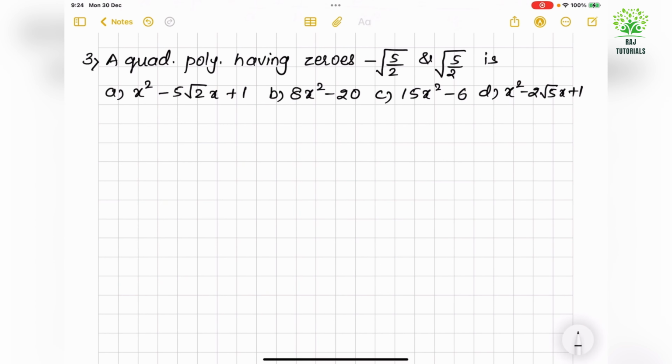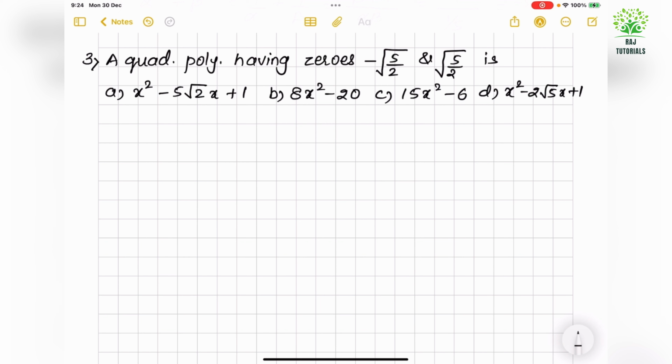Now next is the MCQ, which says a quadratic polynomial having zeros minus root 5 by 2 and root 5 by 2 is: a, x square minus 5 root 2x plus 1; b, 8x square minus 20; c, 15x square minus 6; d, x square minus 2 root 5x plus 1.